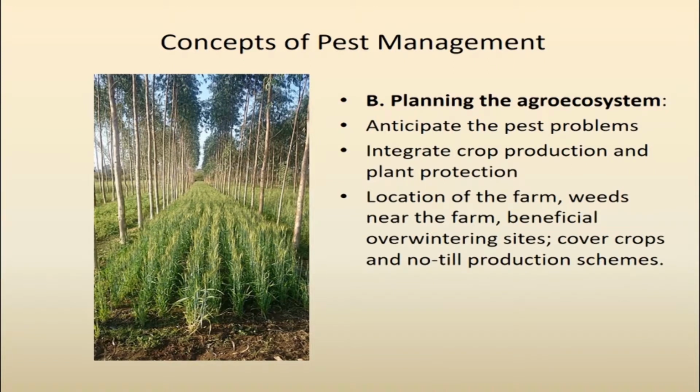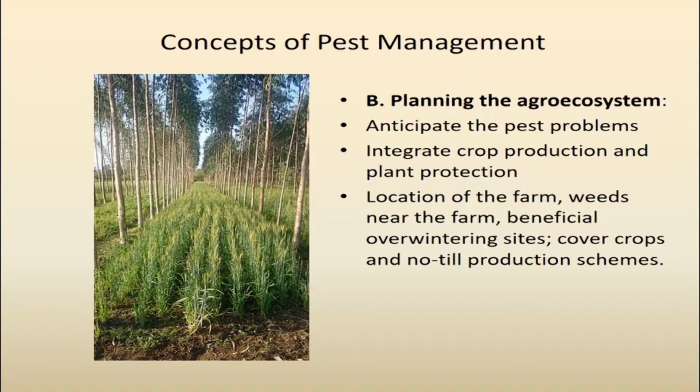And after knowing about the ecosystem, the scientist has to plan the agricultural ecosystem, which has to be made known to the farmers also: what is the place, what is the type of crop, and what are the anticipated pest problems in this particular crop. Then integrated crop production and plant protection should be done to minimize the damage by the pest.